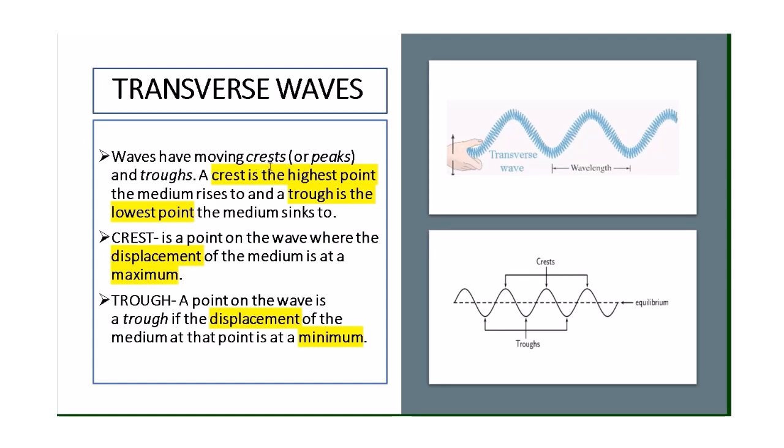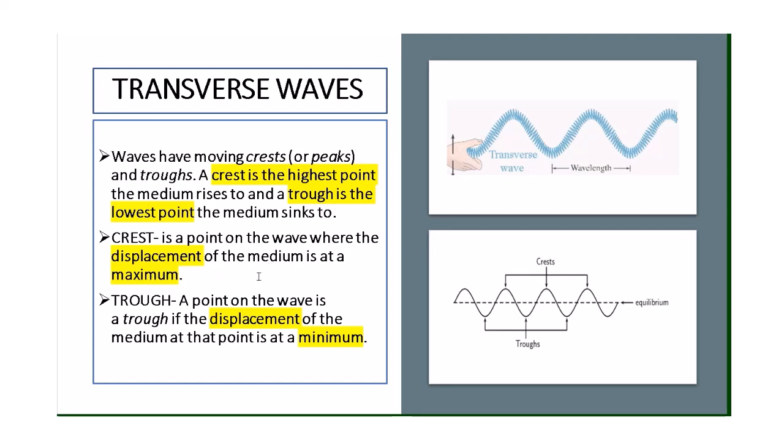Waves have moving crests or peaks and troughs. A crest is the highest point the medium rises to, and a trough is the lowest point the medium sinks to. Therefore, we can define crest as a point on the wave where displacement of the medium is at the maximum.